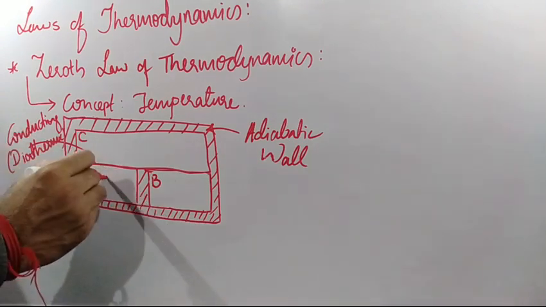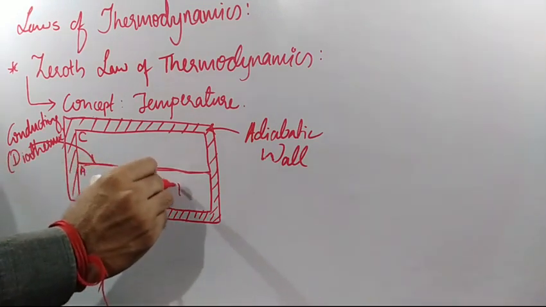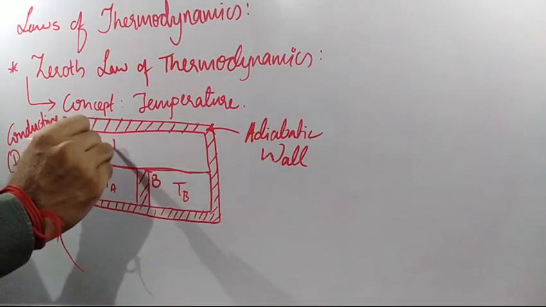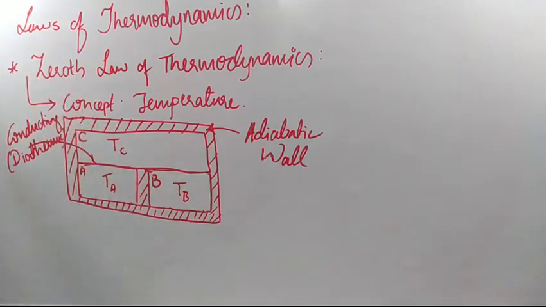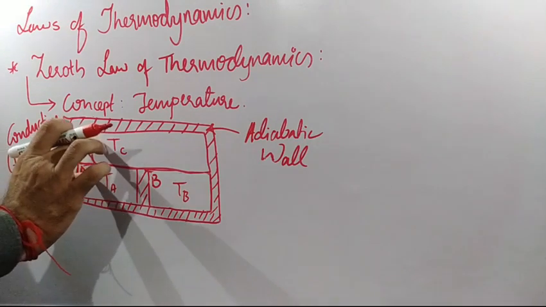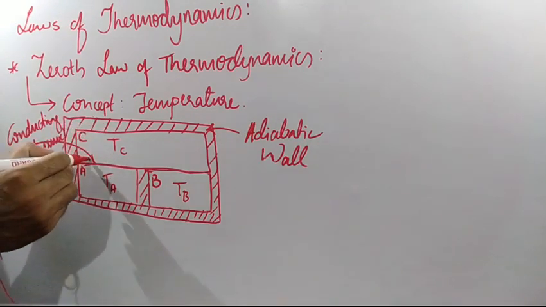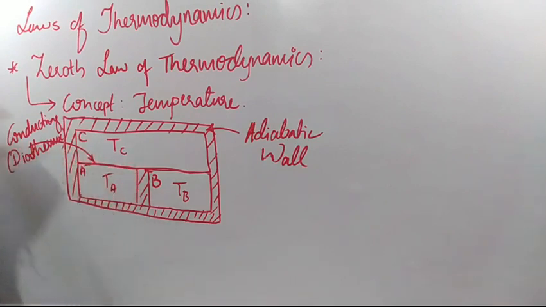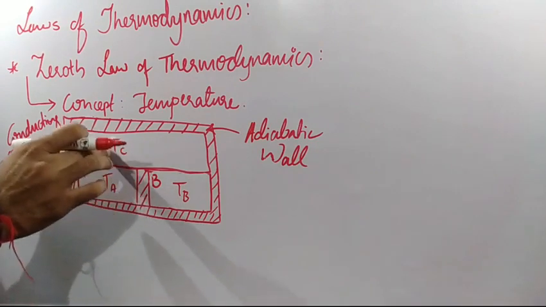Now let the temperature of A be TA, the temperature of B be TB, and the temperature of C be TC. Since a diathermic wall is there between A and C, after some time their temperatures will become equal.